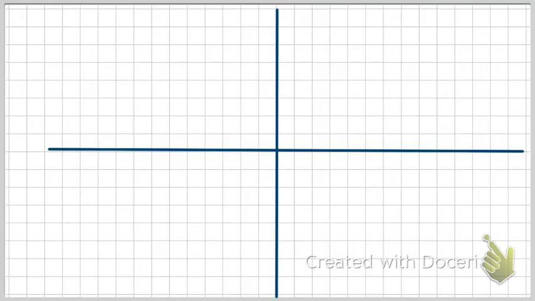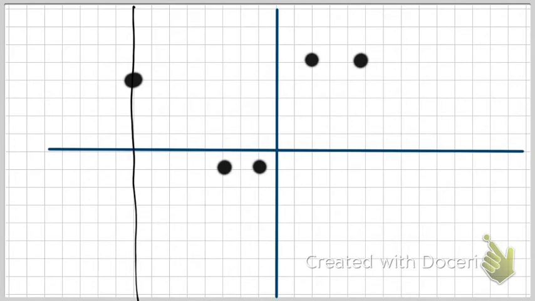One way we can look at a function is just individual points on a graph. Let's say there's a point here, here, here, here, and here. Does each x value have one y value? Let's take a look. There's only one point on each x.